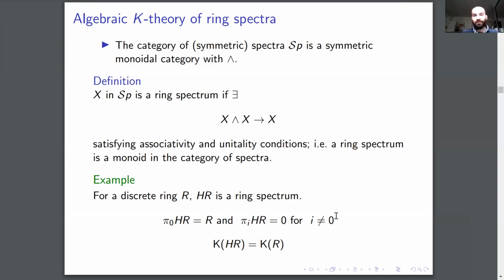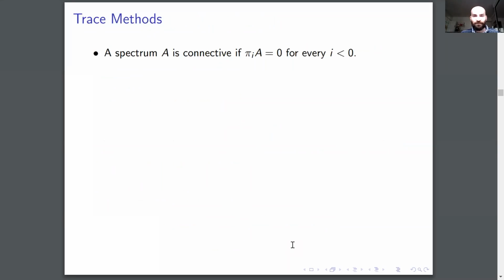So for a homotopy theorist, a ring is just these HRs basically. So for example, the K-theory of HR is the same as the K-theory of that ring. So that's the homotopy theory version of the ring.